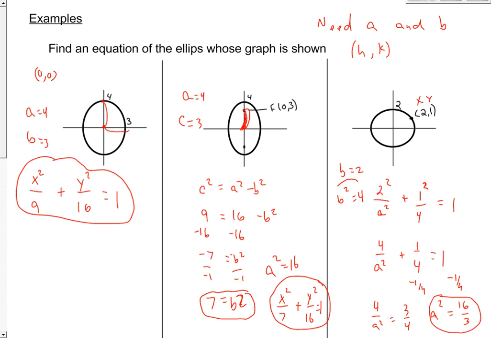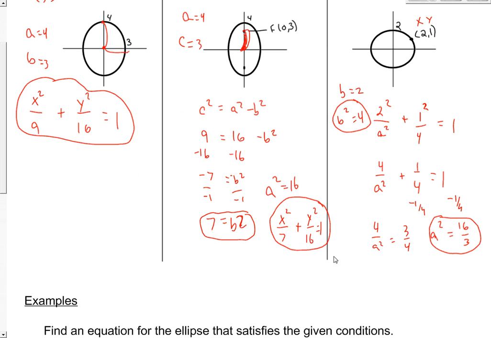And this is a horizontal ellipse, so the a squared goes under the x. So I'm going to write this up here. Actually, I'll move this down. Okay, so I get x squared over 16 thirds plus y squared over 4 equals 1.